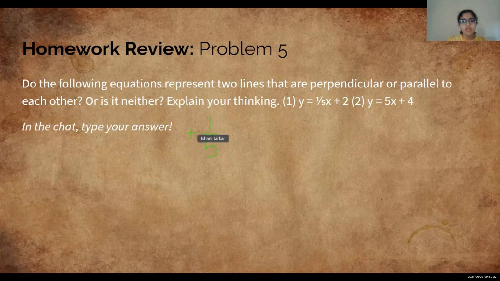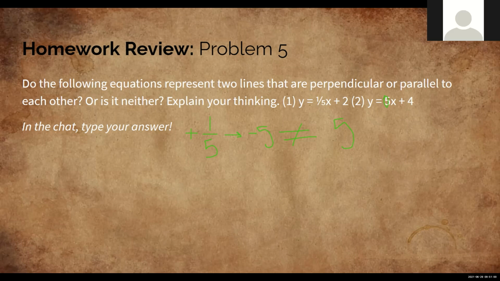The sign of 1/5 is positive, so we would have to change the sign to negative. Then we find the reciprocal of this, which would be 5. So the slope over here would have to be -5, right? However, it's 5, and -5 is not equal to 5. So these lines are not perpendicular because their slopes are not opposite reciprocals. Does that clarify any questions you had?